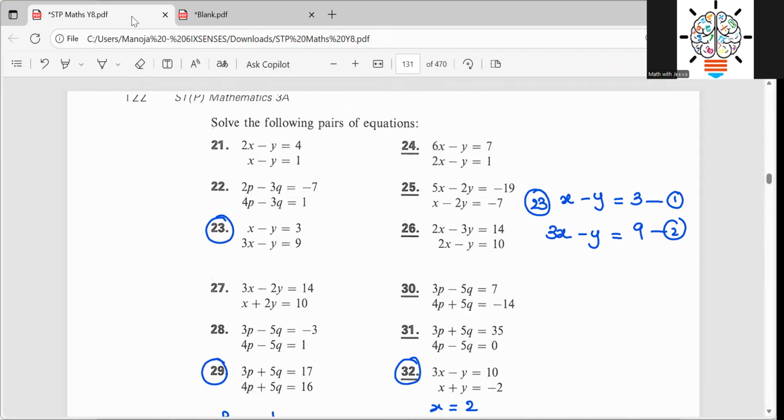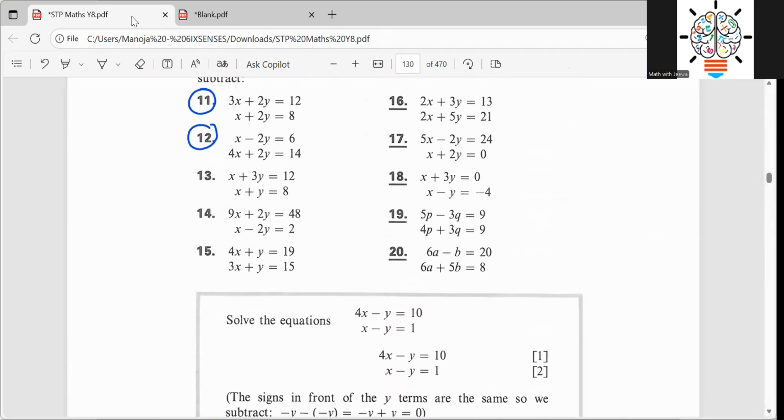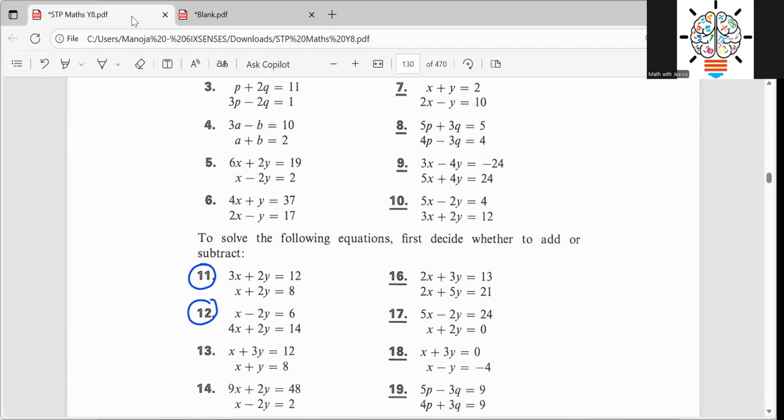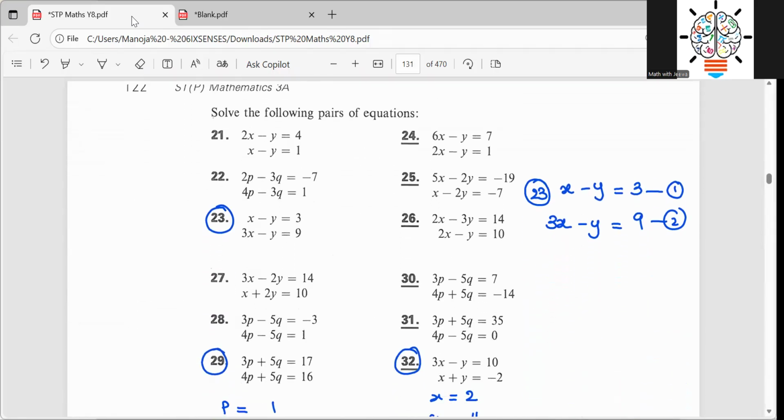So then I have given 5 questions. The first ones are on page 121, question number 11 and 12. Page 122, questions 23, 29 and 32.